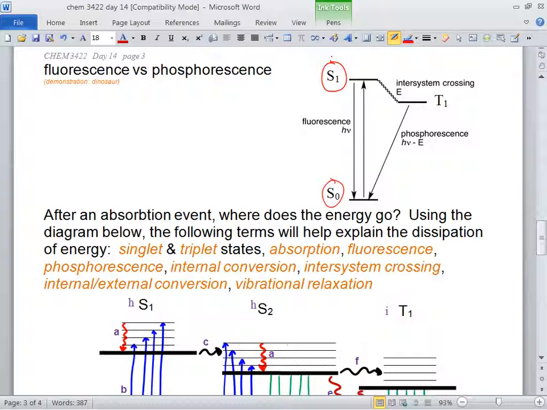They have the same angular momentum, so you can jump from one state to the other. No big deal. In fact, it happens really, really fast. So if you're in that excited singlet state, it can jump down from S1 to S0 if it absorbs, and just emit light really fast because it's allowed. So that's called fluorescence.